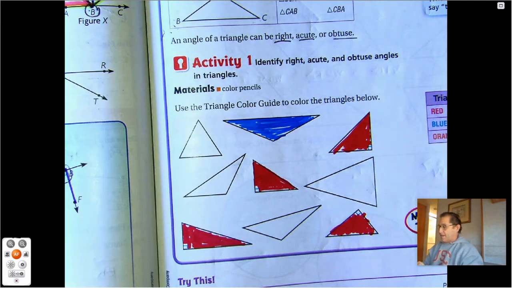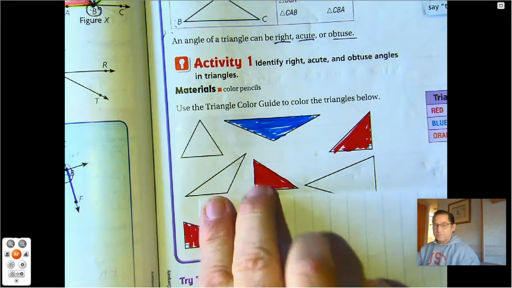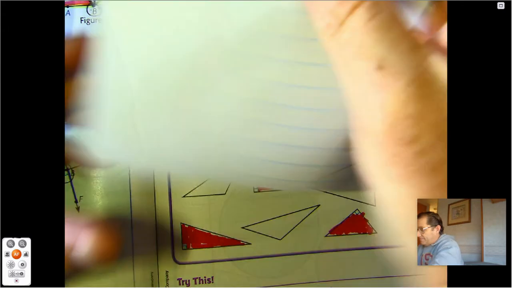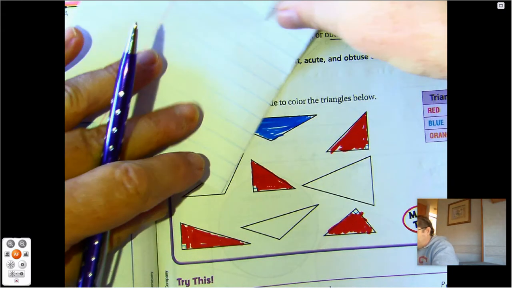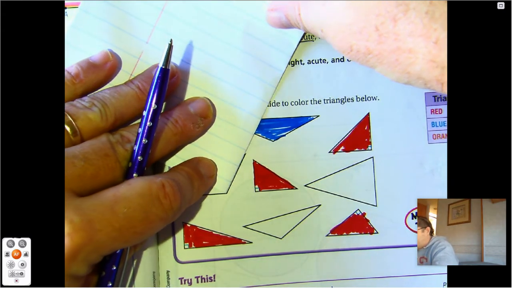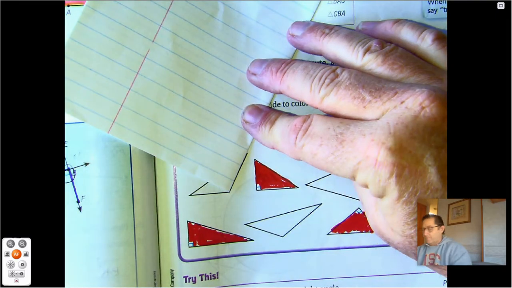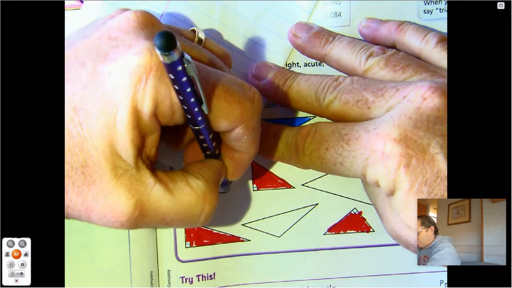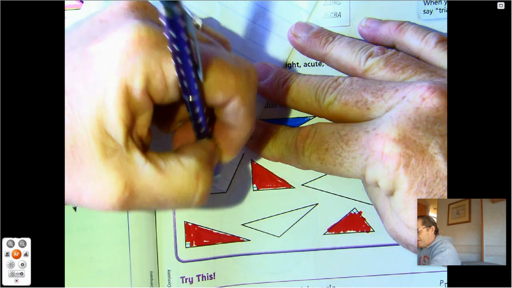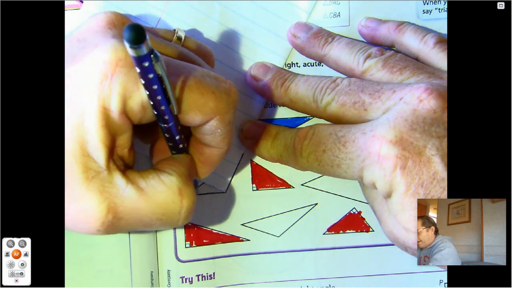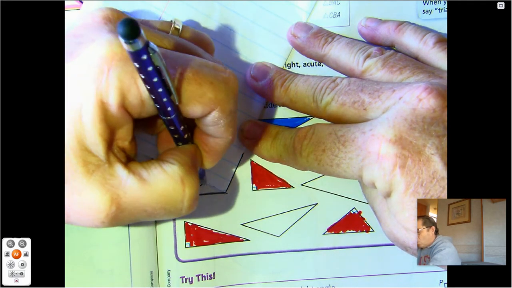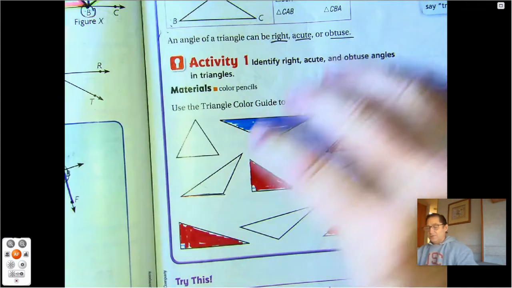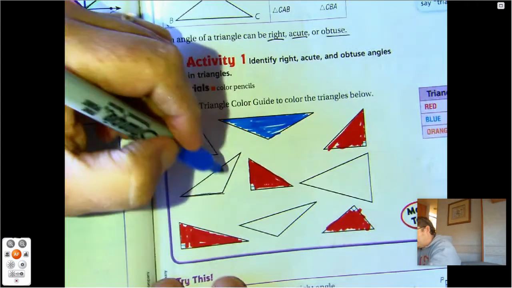Okay. And then this one also looks like an obtuse angle. Let's verify that. I'm going to put my paper, line up the corner there. And so a right angle would be this way. And this part of the ray angle is wider than the corner of my paper. So this is an obtuse angle.